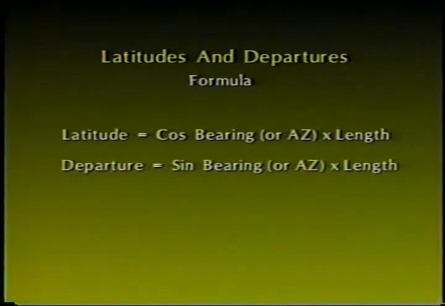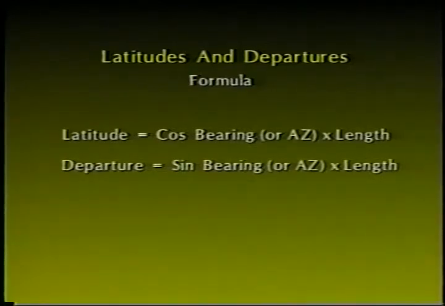To calculate a latitude or departure of a survey course, simply multiply the length of the course by the cosine of the bearing or azimuth to determine latitude. Multiply length by the sine of the bearing or azimuth to find the departure. This graphic shows the equation format for latitude and departure computations.